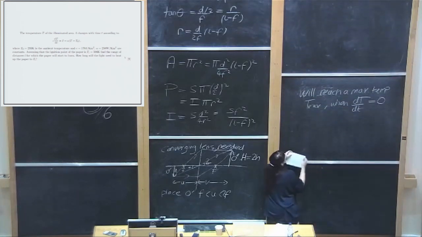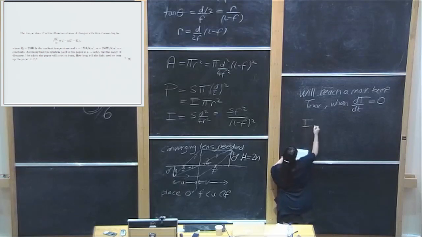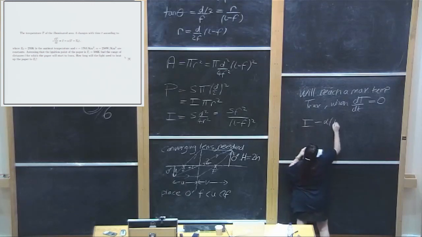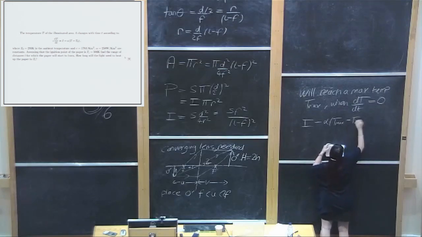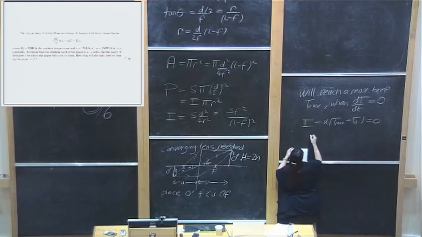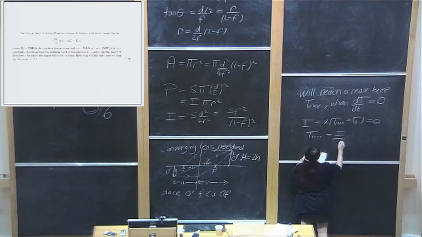So I'm going to work out an expression for this T max. I've put dT by dt equals 0 in there, and if I rearrange that a bit, that gives me T max equals I over alpha plus T0.